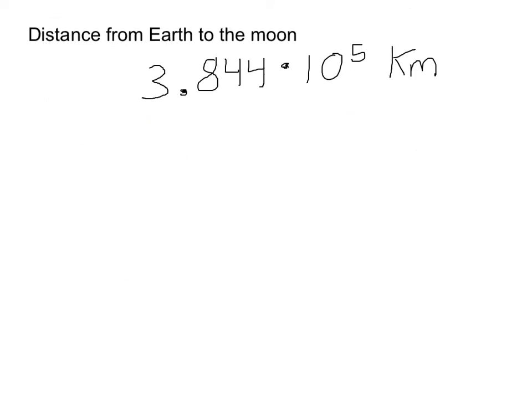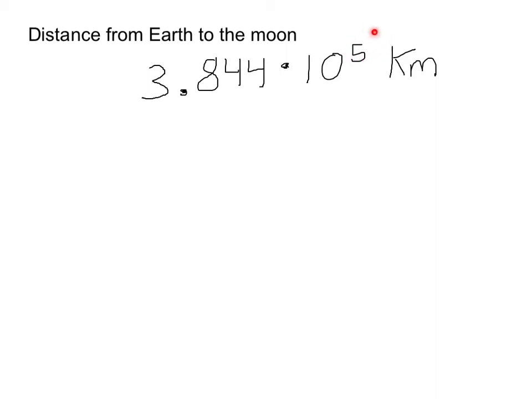We know that scientific notation makes it very easy to express very large numbers. In this first example, we're expressing the distance between the Earth and the Moon. The distance between the Earth and the Moon is a very large number, and it is expressed in scientific notation below. 3 and 844 thousandths being multiplied by a base 10 and an exponent 5.